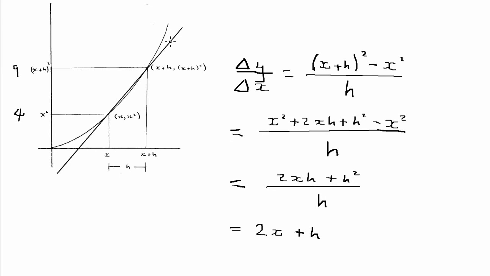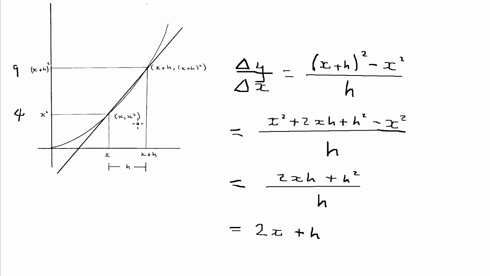Now, as I said, that wasn't actually the straight line we wanted the gradient of. We wanted the one that just touched at the lower point. Well, what would happen if I make this h distance, the distance between these 2 points, smaller? In other words, if I slid this point closer back along the curve until it gets closer to the original point, well, the closer and closer we slide it, the closer and closer the straight line gets to the tangent at the point we're interested in.